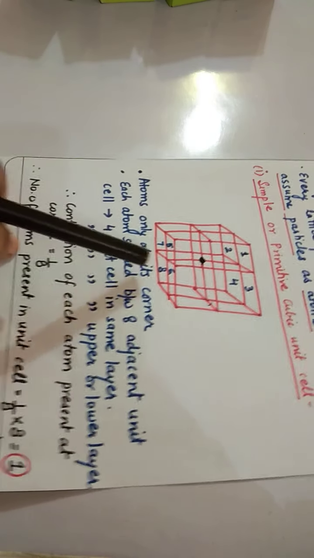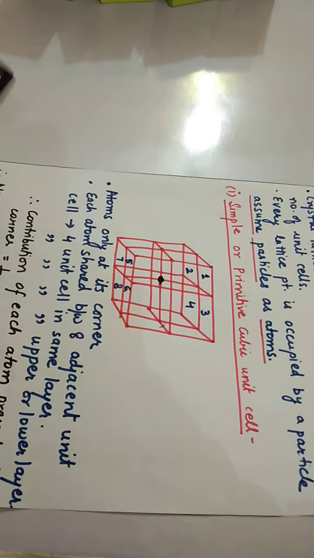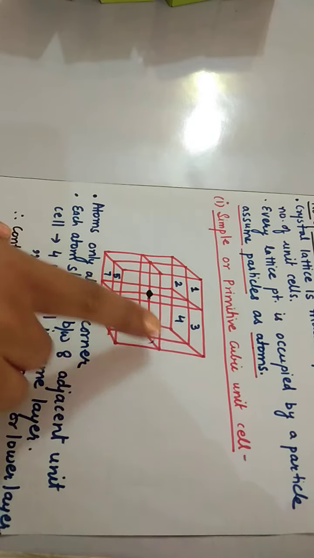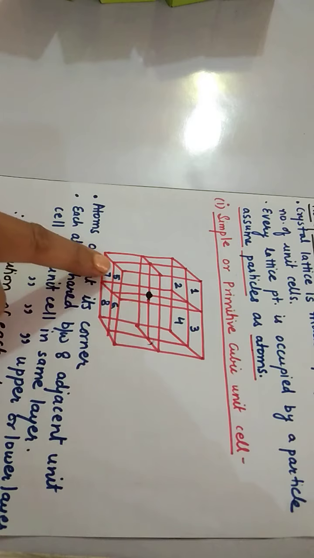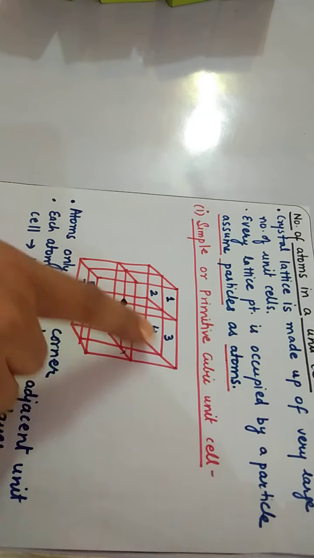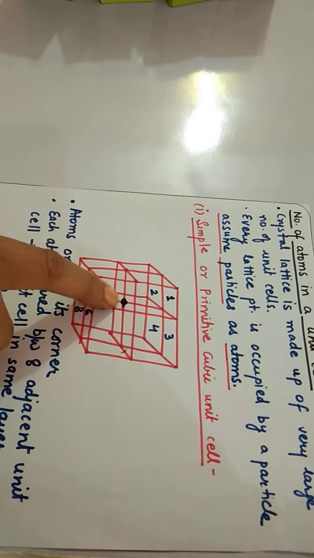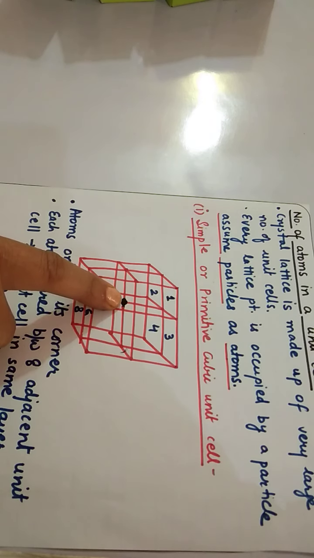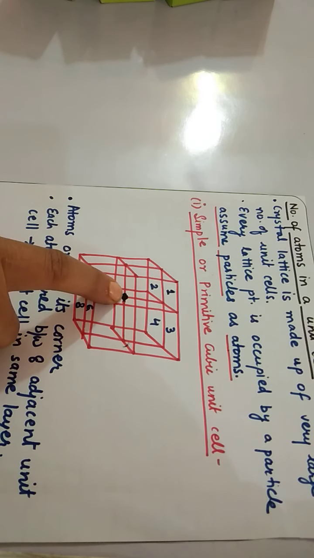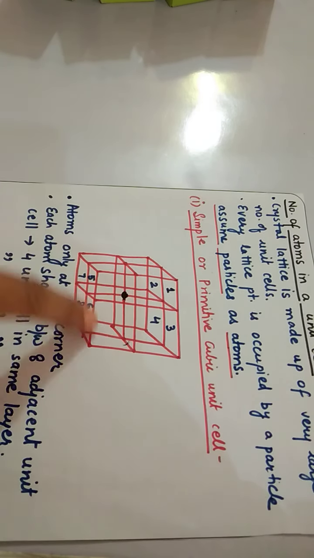This is how I made the 3D structure. 4 are present at the bottom, 5, 6, 7, 8, and 1, 2, 3, 4 are present at the top layer. Like I've told you earlier with the help of those structures, this corner is shared by 1, 2, 3, 4, 5, 6, 7, 8.